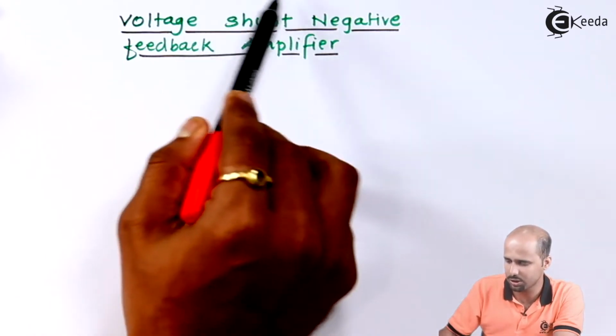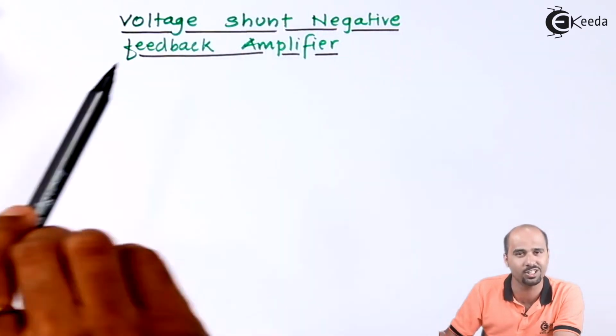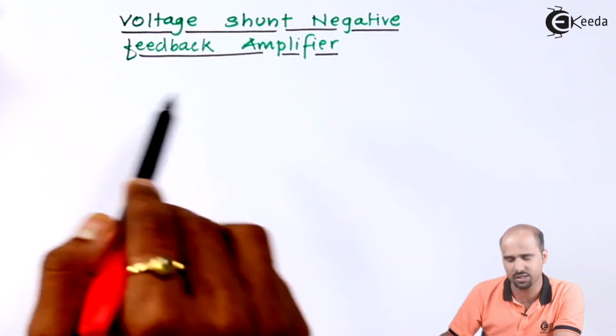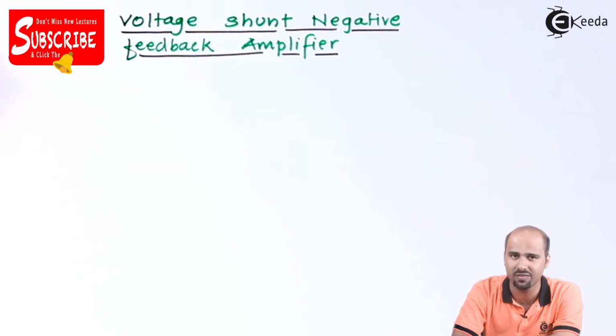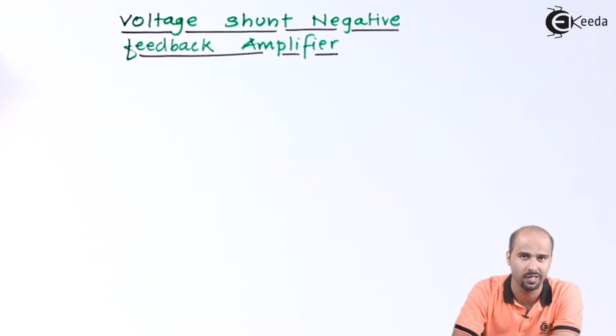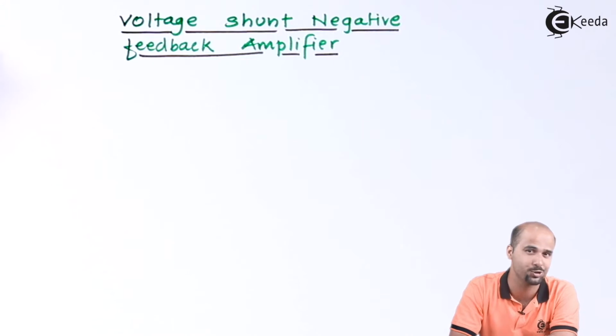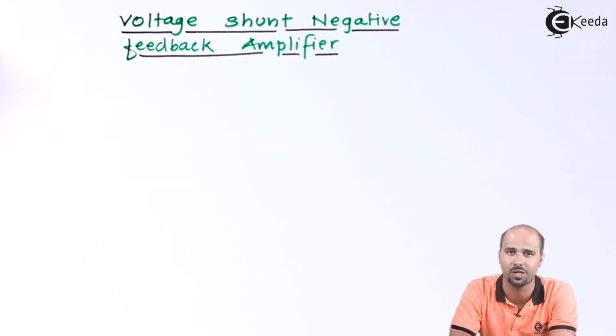Now the mixing is already in shunt, right? So we will connect the shunt circuit at the input side as well. With shunt mixing, you should note that the mixing parameter is not voltage, it will be of the type current.